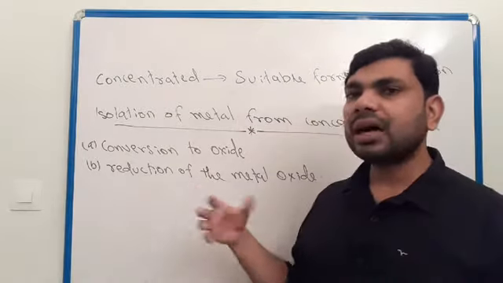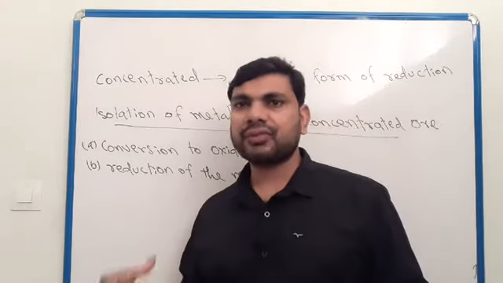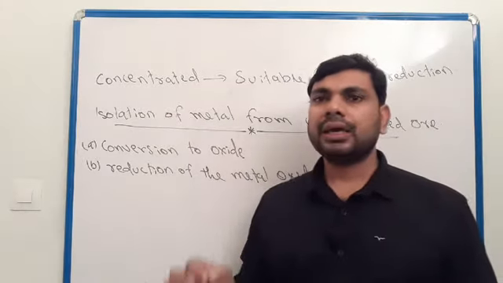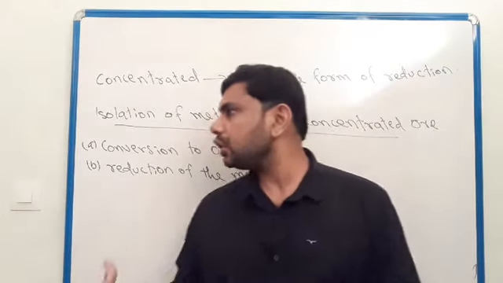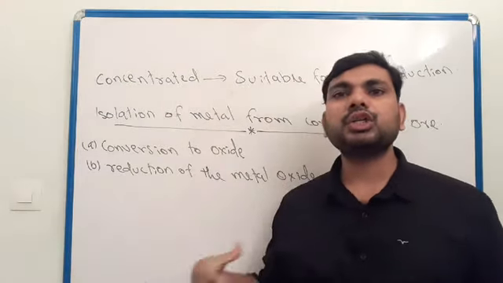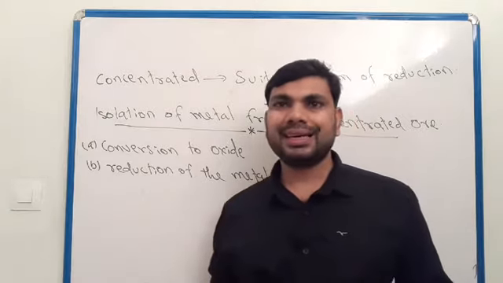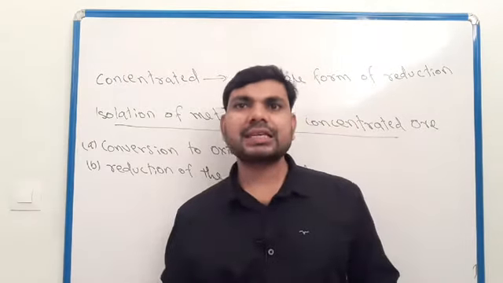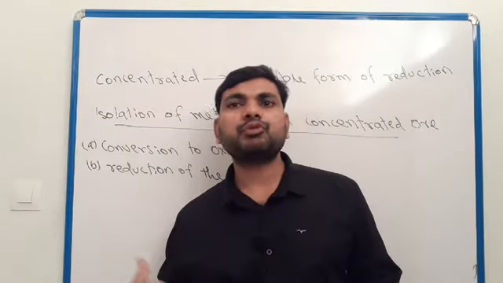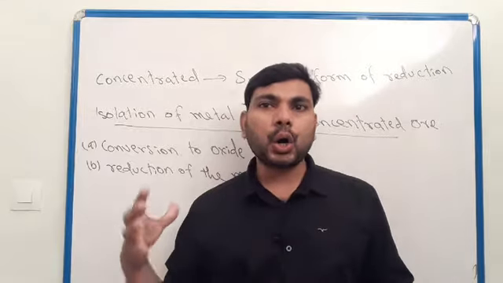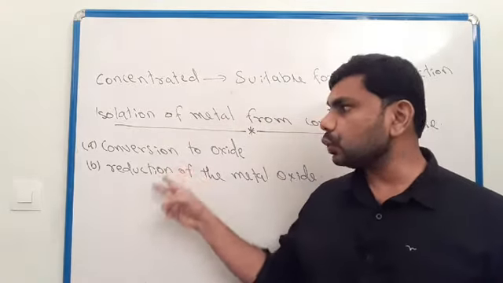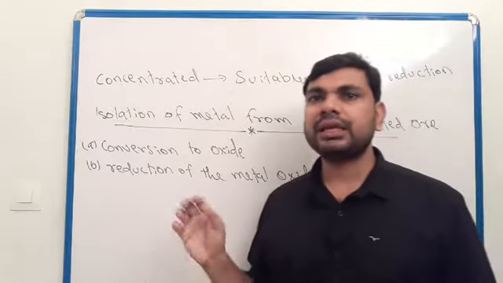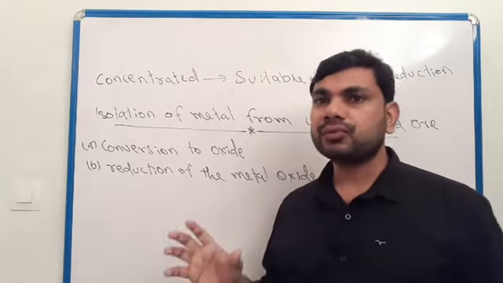First, conversion to metal oxide: the concentrated ore we have to convert into metal oxide. Second step, we have to reduce metal oxide to metal. So these are the two major steps for extraction of crude metal.